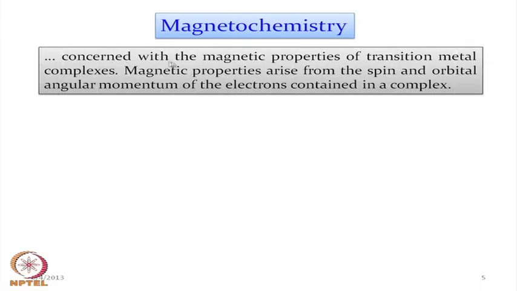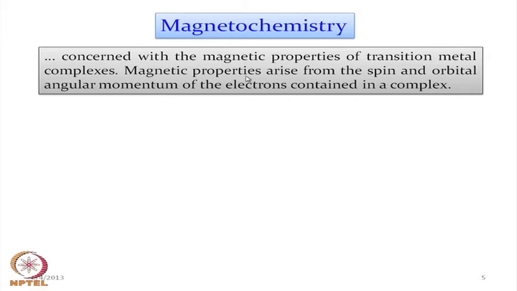It is basically concerned with the magnetic properties of transition metal complexes. So whenever we determine the magnetic properties, whether the complex is paramagnetic or diamagnetic in a particular geometry, we will be talking in terms of its corresponding magnetochemistry.